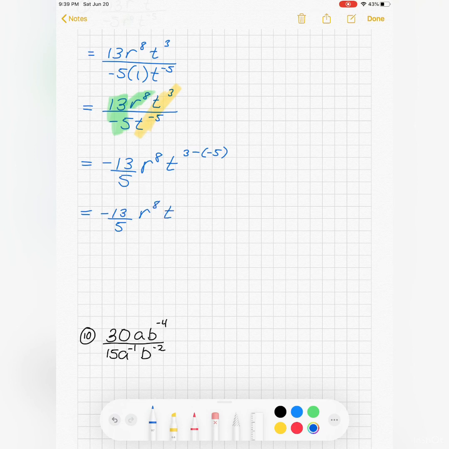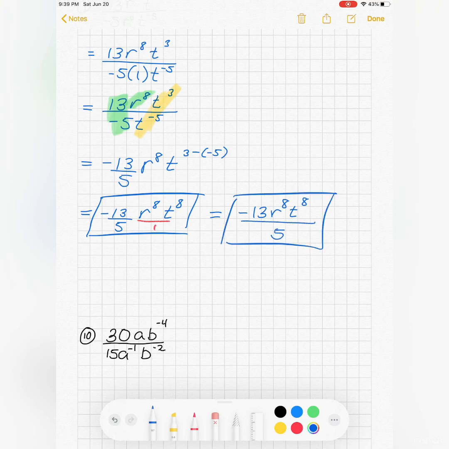So, t to the 8th. I could write it like so, or if I wanted to, this is over 1. So I could also write these guys in the numerator and the 5 in the denominator. Either one.